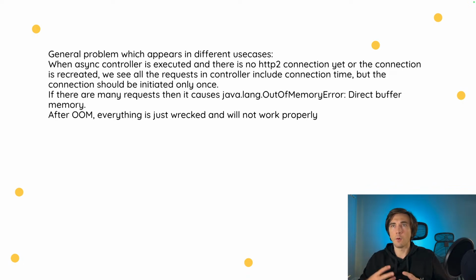So all these requests are trying to fight for resources. Let's say you have 200 requests in an async controller, and all these 200 requests will be trying to initiate the connection. That's the main cause of generating these high spikes of RAM usage.